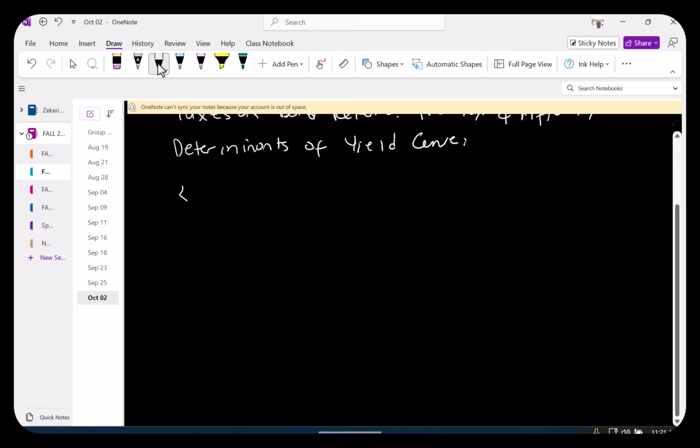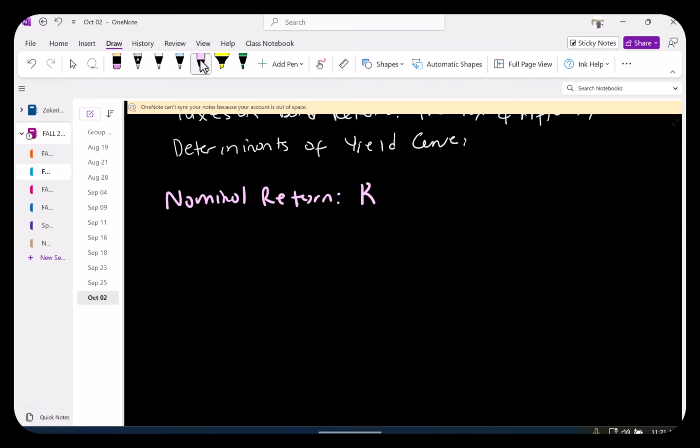Let's talk about real versus nominal. Let's define first nominal return or yield. We typically use the capital letter R to designate that.